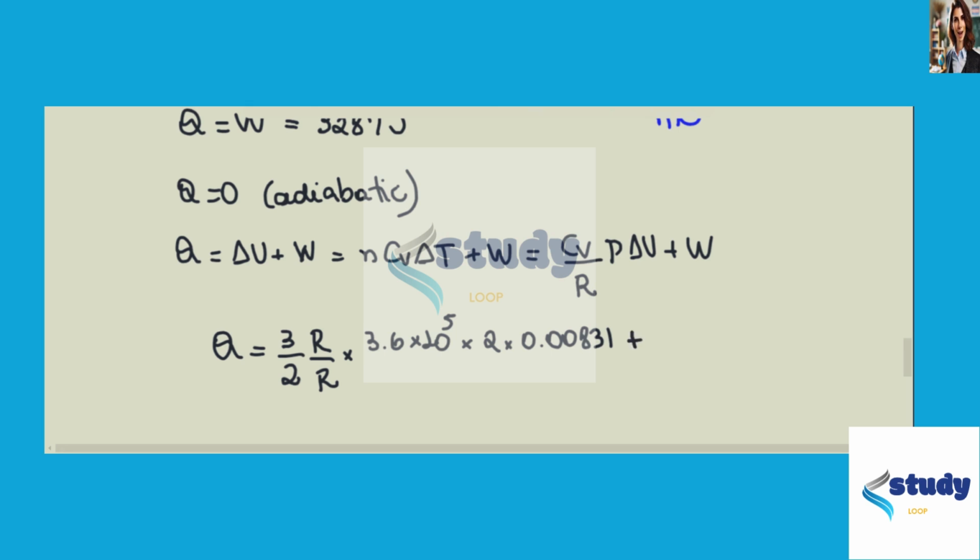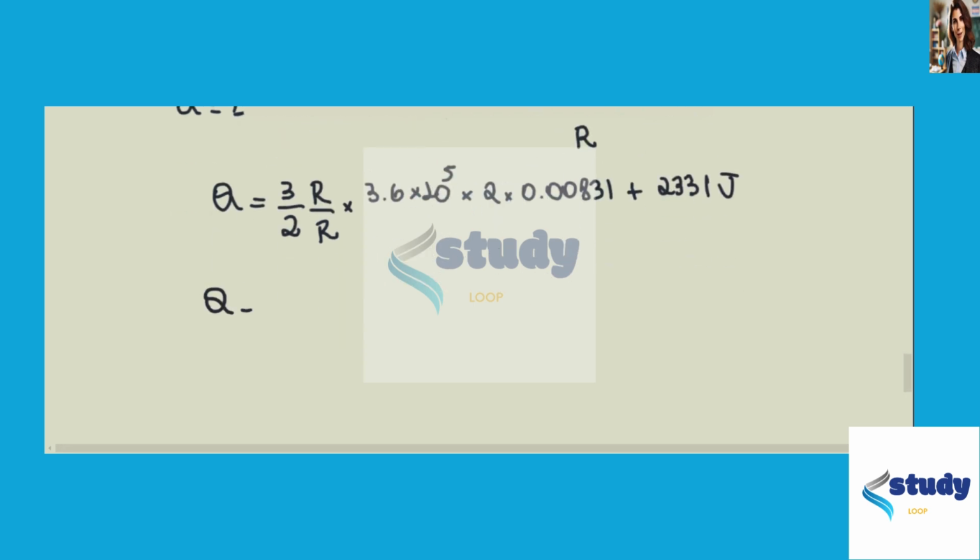plus our work, which is 2,331 joules. So the heat is equal to the variation in internal energy, that's 8,975 joules plus 2,331, and this is equal to, actually, I'm sorry, this shouldn't be 2331. I just copied it wrong.